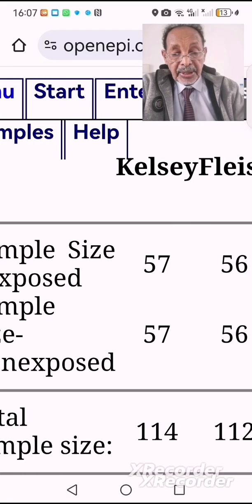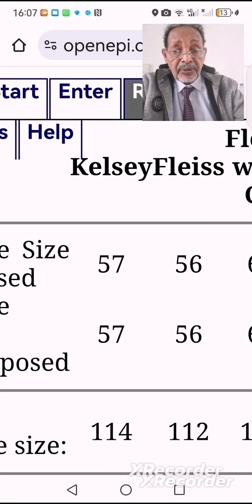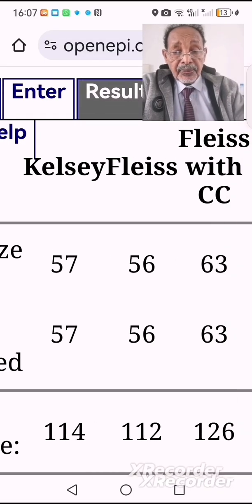And the total is 114. This is the Kelsey method, or Fleiss method. It is almost the same number. 57 became 56, and the total became 112 instead of 114.